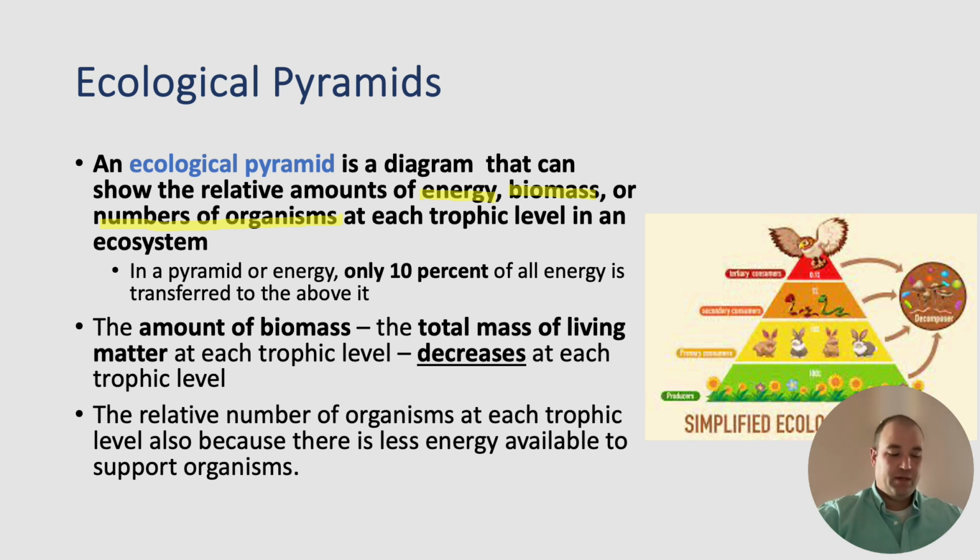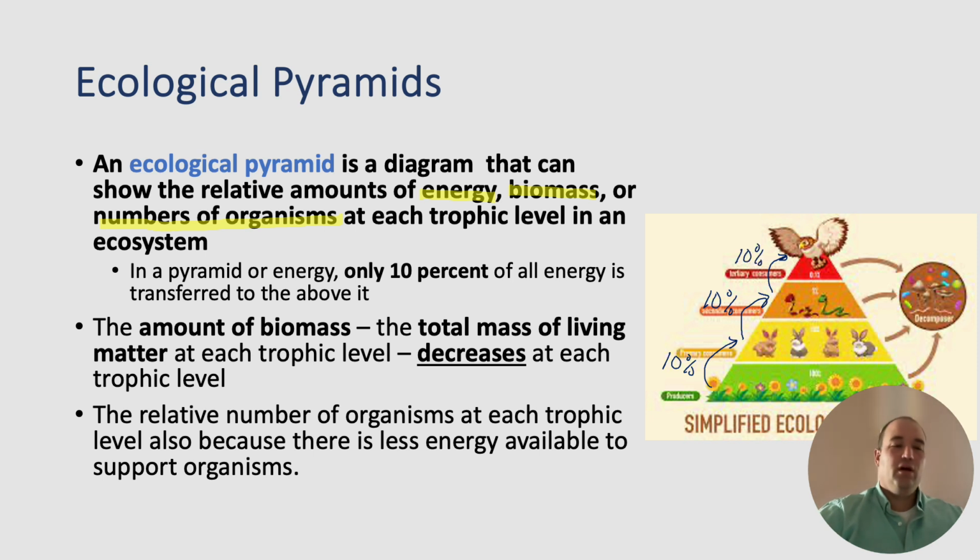This is important because in an energy pyramid or in trophic levels, only 10% of the energy is ever moved to the next level. So for example, if we start at our producers, only 10% of the energy available in the producers goes to the primary consumers. To the secondary consumers, only 10% of that energy goes to the next one, and so on and so forth.